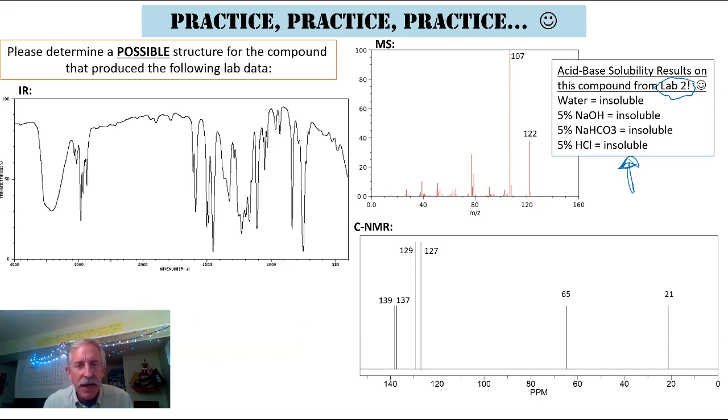It doesn't want to react in an acid, and it doesn't even want to dissolve just in water alone. This is helpful information about this compound and the functional groups that could be on this compound. And that's important because remember, IR is about telling you kind of what possible functional groups. So please also use your literature table for the IR and bring it along, laminate it, have it with you, and use it to help try to figure out a possible structure for this compound for class.